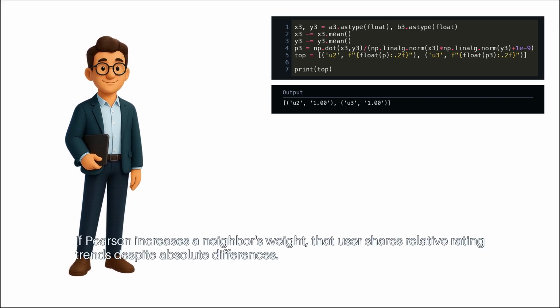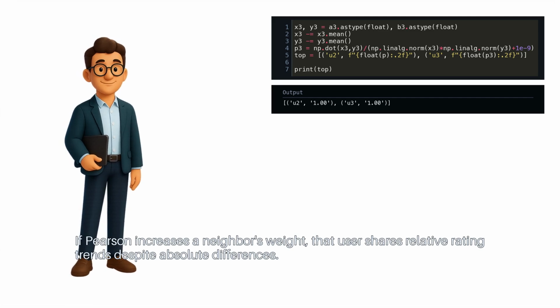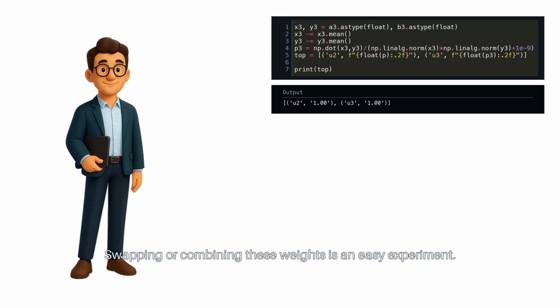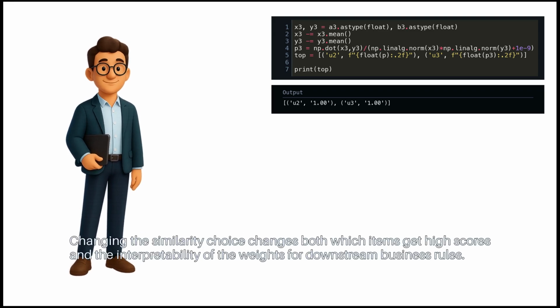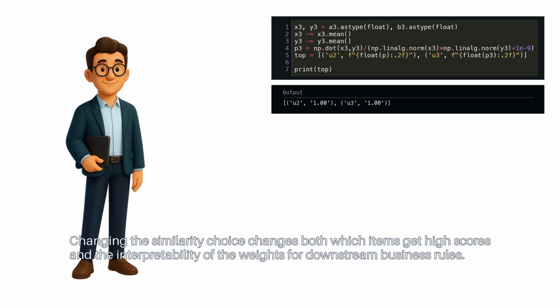If Pearson increases a neighbor's weight, that user shares relative rating trends despite absolute differences. Swapping or combining these weights is an easy experiment. Changing the similarity choice changes both which items get high scores and the interpretability of the weights for downstream business rules.